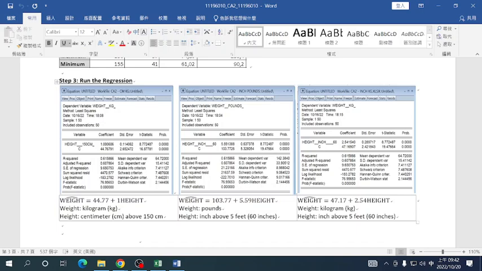In other words, since 1 kilogram equals 2.2 pounds, Y1 is going to be equal to what, in terms of Y2? This is pounds, right? This is in kilograms. 1 kilogram equals 2.2 pounds.